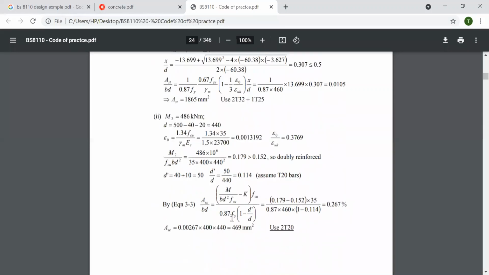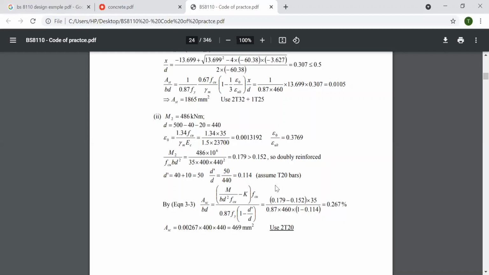M2 is similar, you can repeat the equation, but here M2 over fcu b d squared is coming 0.179. So it is greater than 0.152, so it is defined as a doubly reinforced section. d dash is this one.